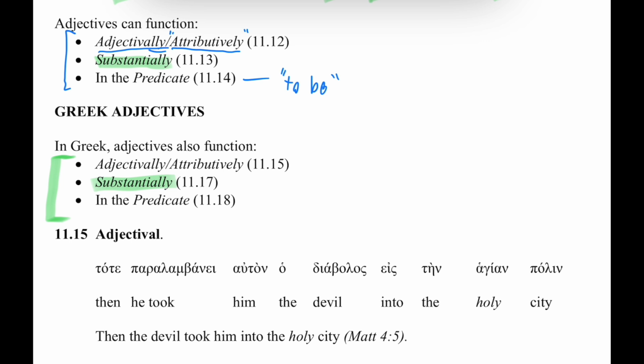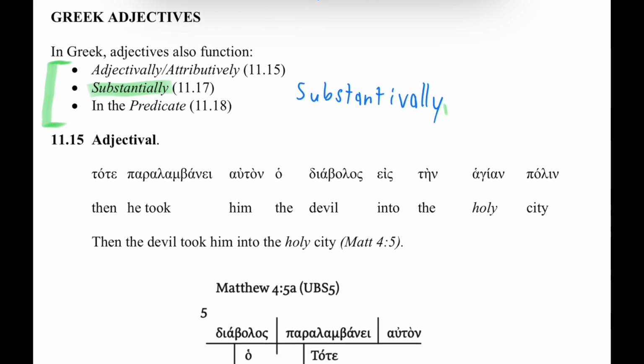There's the V in there. I will correct that in the PDF before it's uploaded, but substantively is the word that should be. So the Greek adjective can function either adjectively, substantively, or in the predicate. Very similar to English in that regard, the three main uses, and now we'll illustrate those uses.